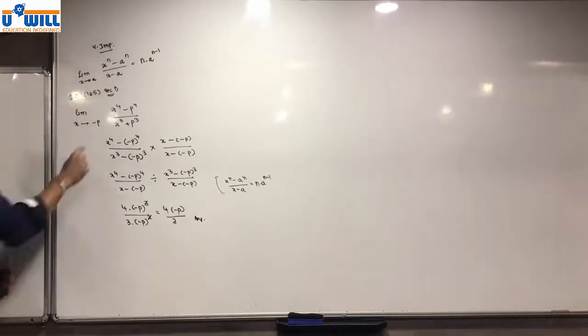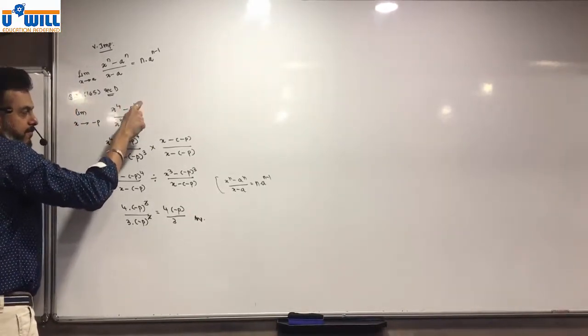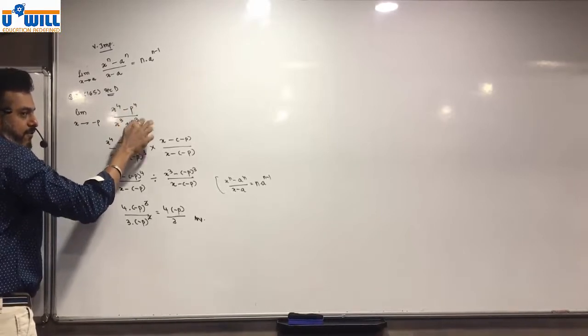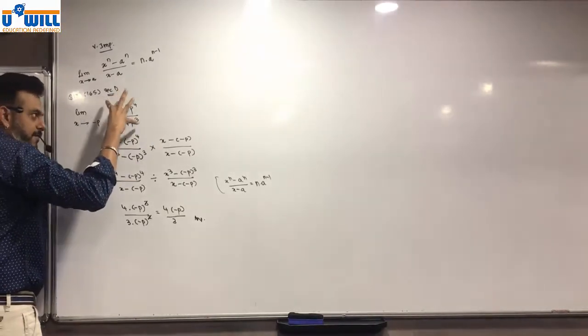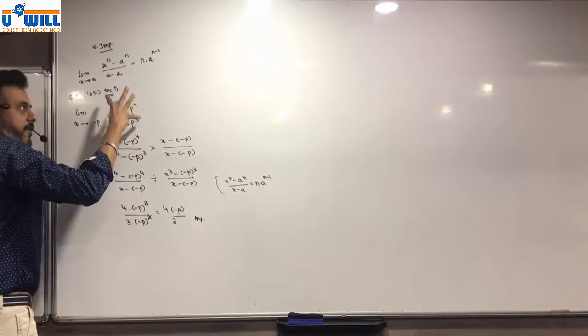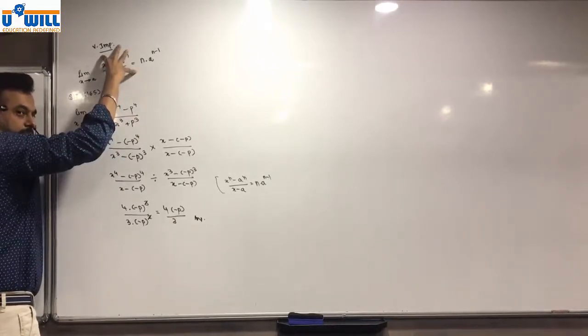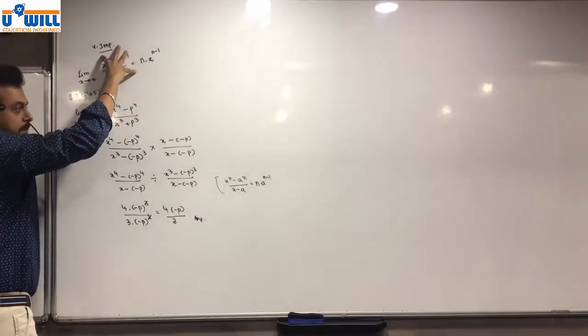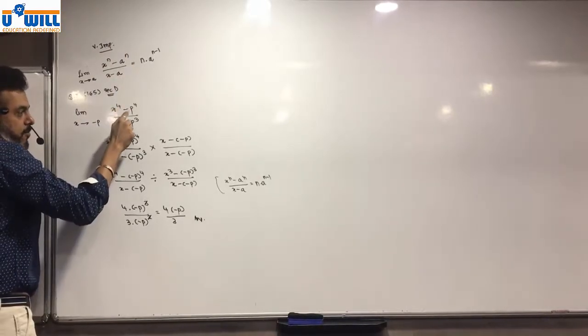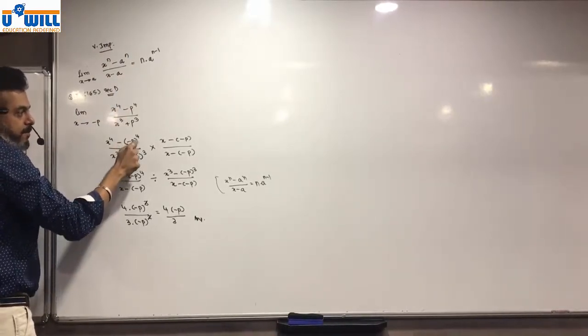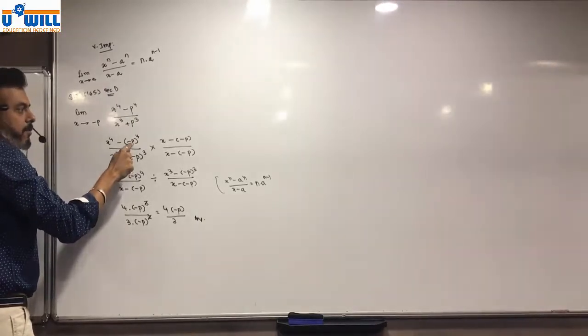Once again, x raised to 4 minus p raised to 4 upon x raised to 3 plus p raised to 3 is given. Now whenever such equations come, try to correlate it with this type of result. Understood this? Now x raised to 4 minus p raised to 4. Now why did we take this minus p?